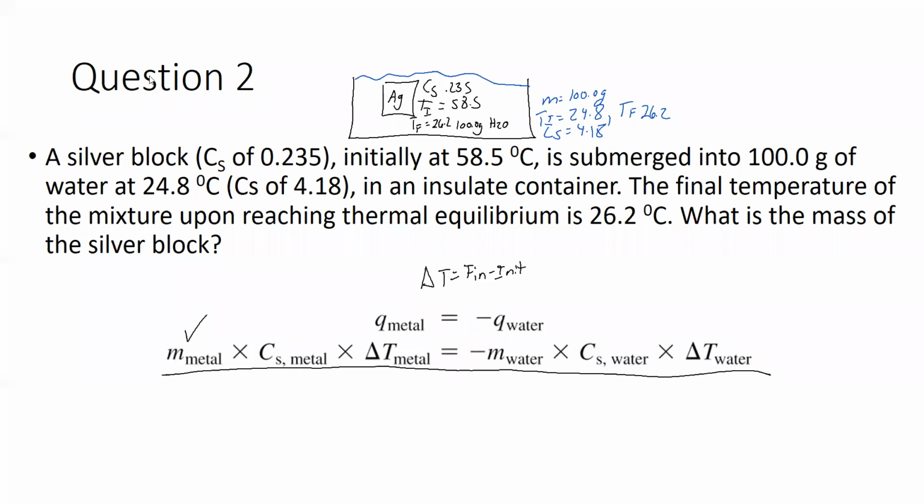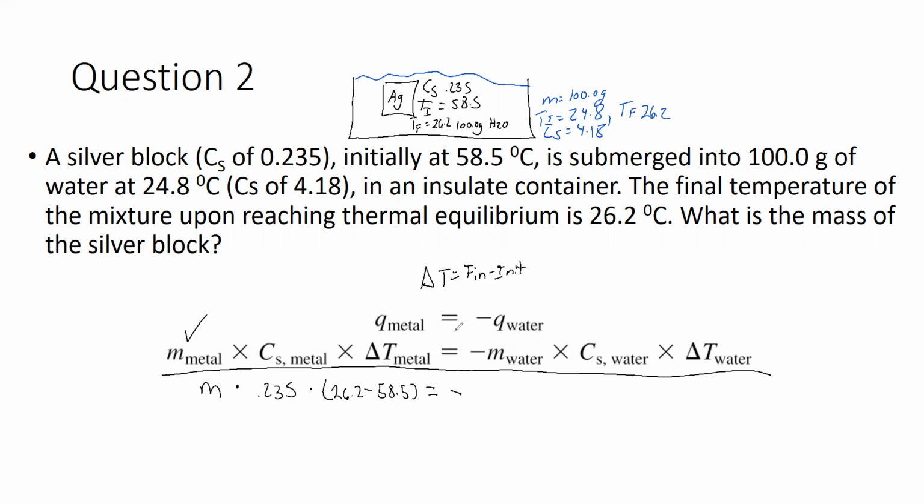All right, time's running low, so let me start filling in this equation for us. M, I don't know. CS of metal, 0.235. Delta T of metal, final minus initial. So final is 26.2 minus the initial of 58.5 equals negative.